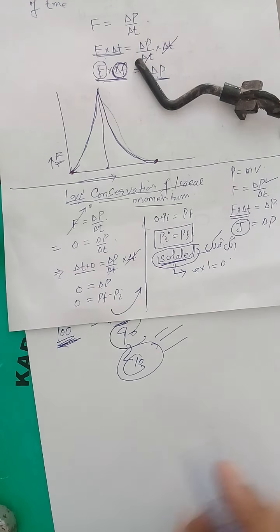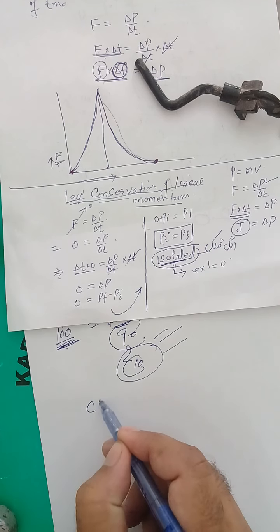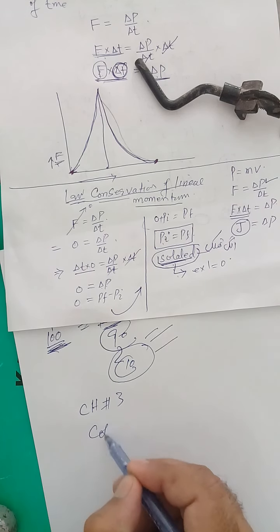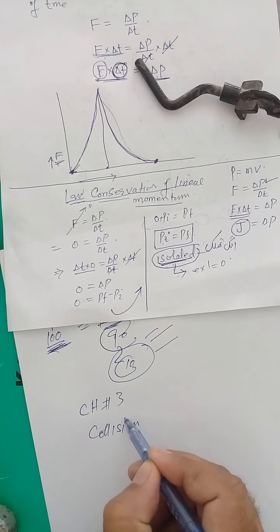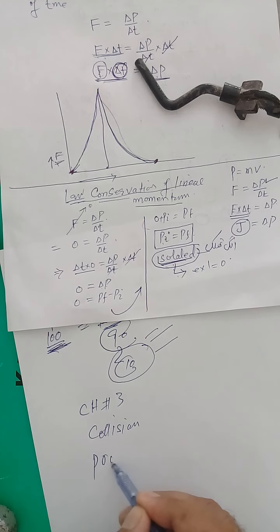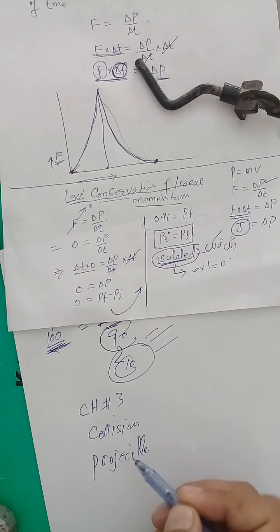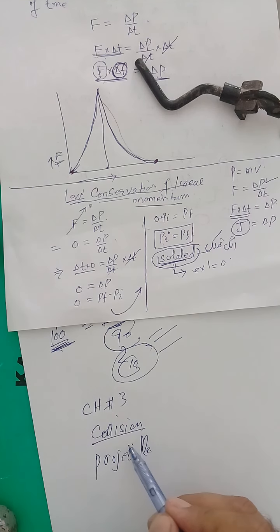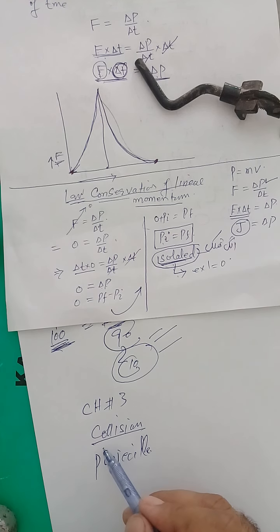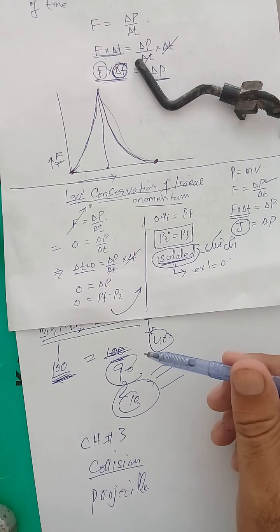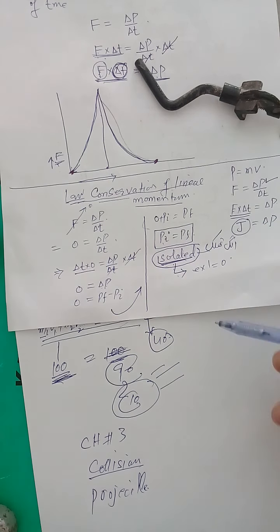So the most important topic of chapter number 3 is collision and projectile motion. Dear student, if I were given the board paper to make, I would not touch any of the topics that we have discussed in videos 1, 2, 3, 4.